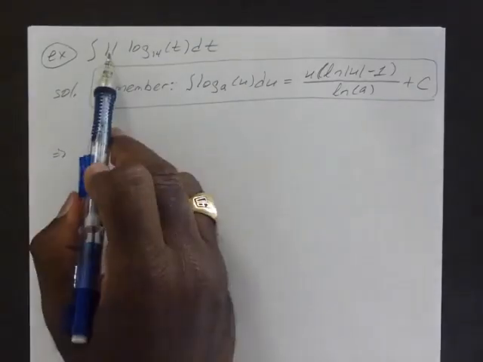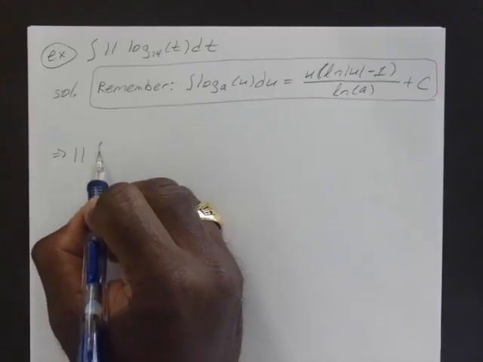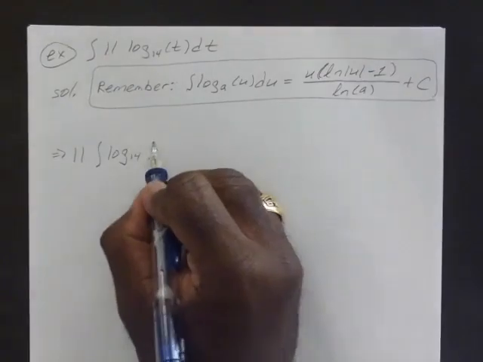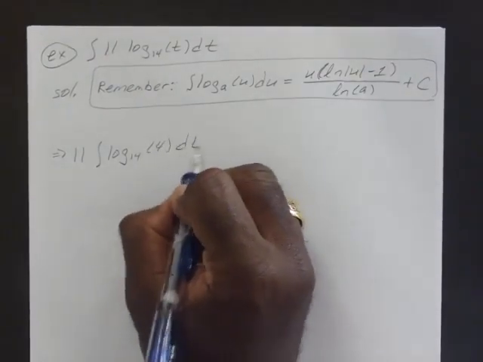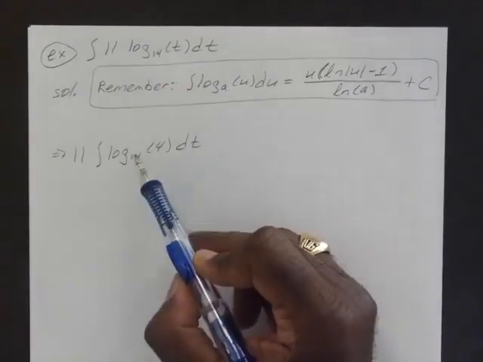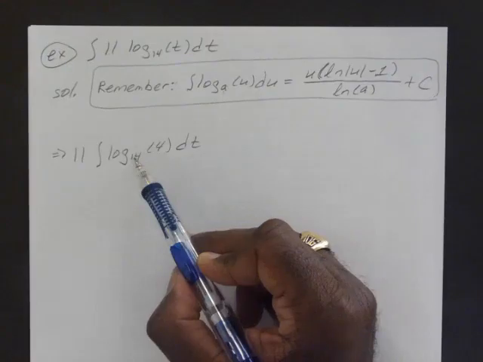Okay, so if we rewrite it, take our constant and factor that out to the front. So 11 times the integral of log base 14 of t dt. If we match these bases up, we see that a is just equal to 14.